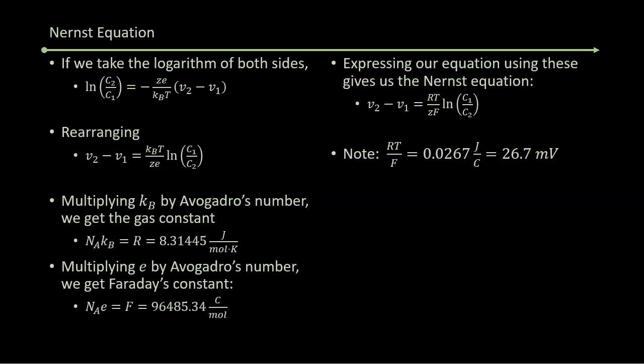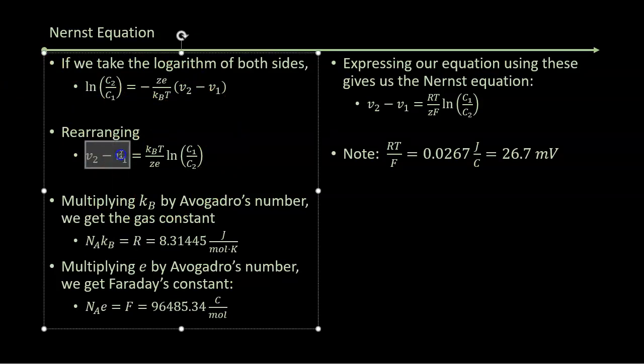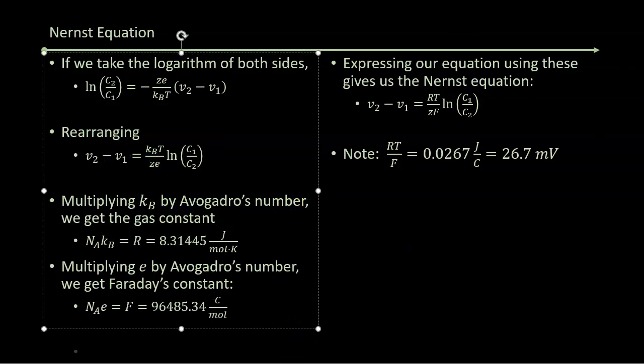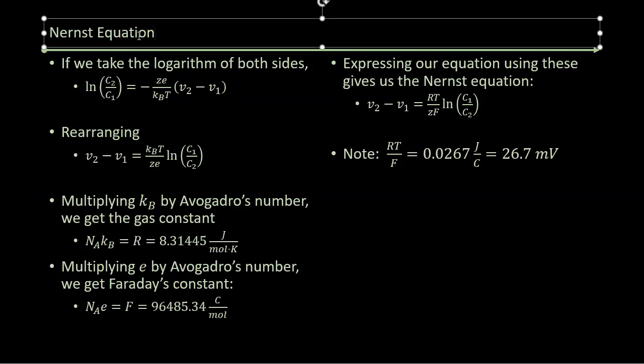If we take a logarithm of both sides of that, we get a new expression that we can arrange, and we get that the change in electrical potential from one side to the other is the Boltzmann constant times the temperature, divided by the ionization factor times the charge on the electron, times the log of the concentrations.